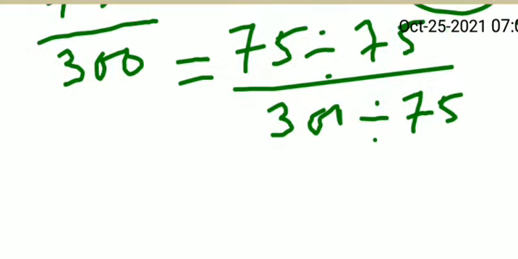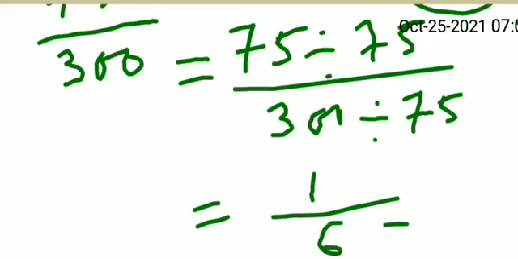We get 75 divided by 75 is 1, and 300 divided by 75 is 4. So 1 by 4, that means we can write 1 is to 4. This is the required answer of question number 2.